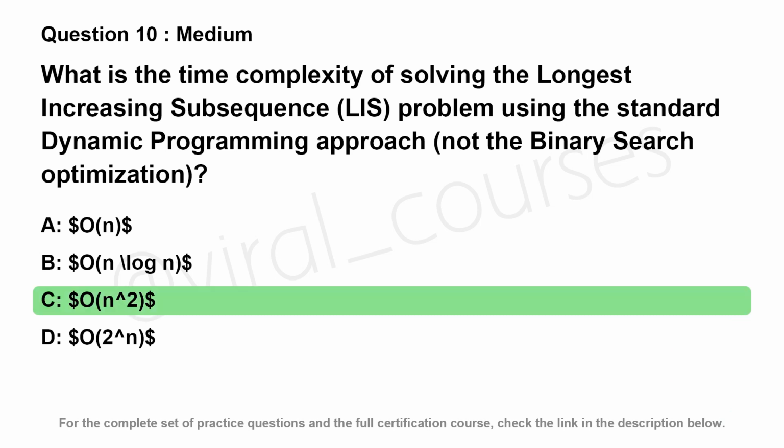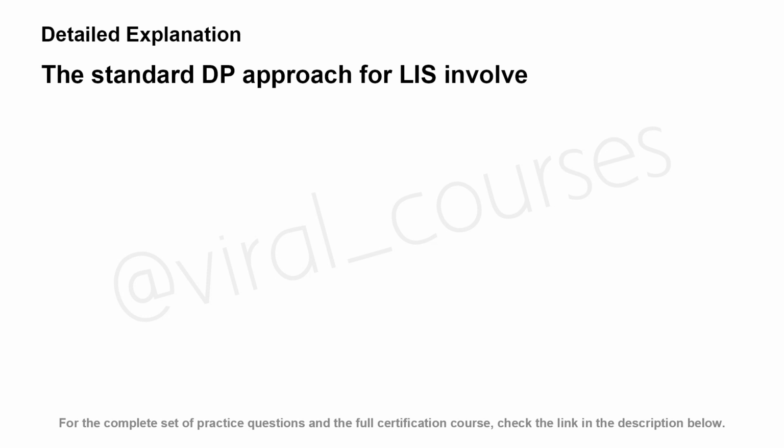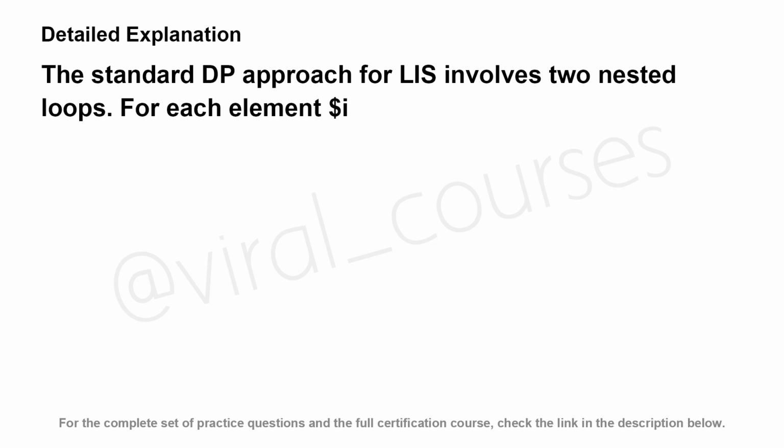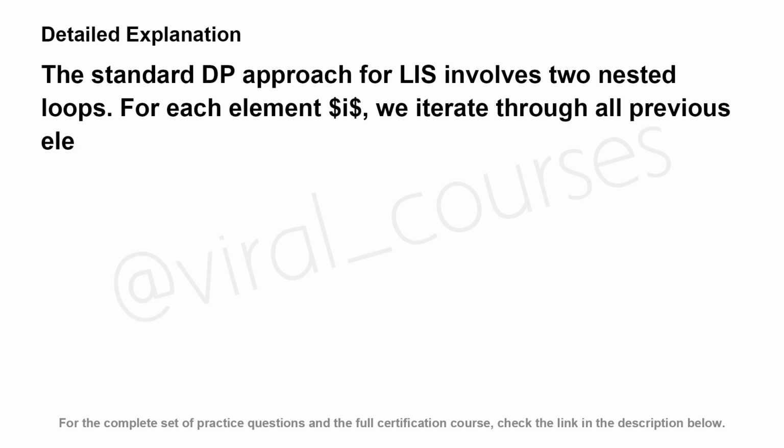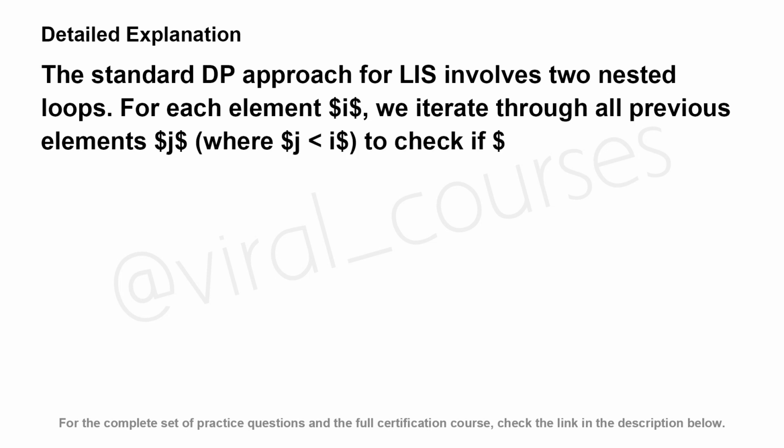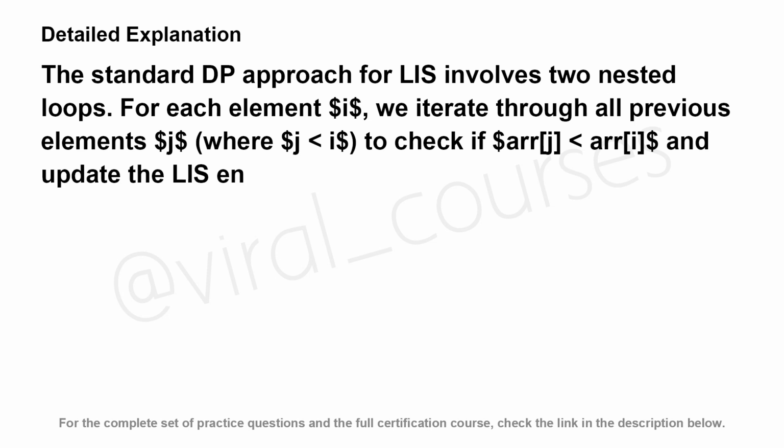The correct answer is C. The standard DP approach for LIS involves two nested loops. For each element i, we iterate through all previous elements j, where j is less than i, to check if arr[j] is less than arr[i], and update the LIS ending at i.